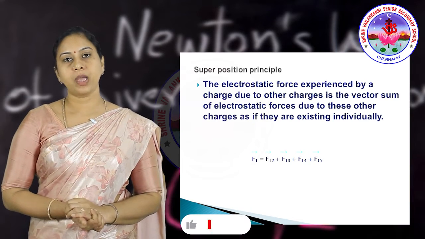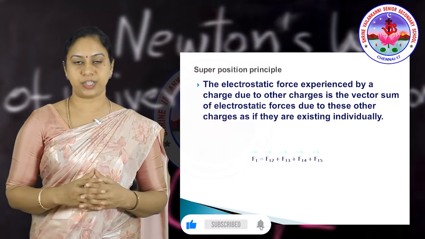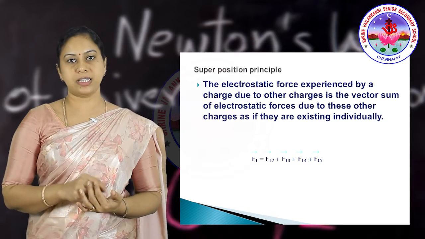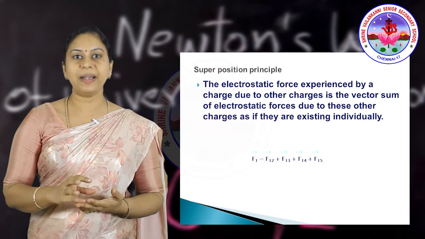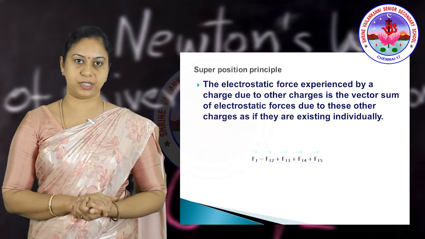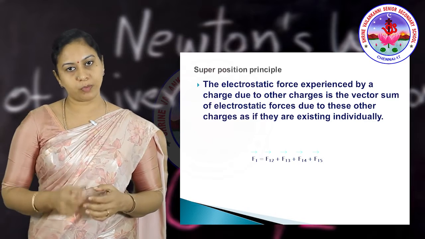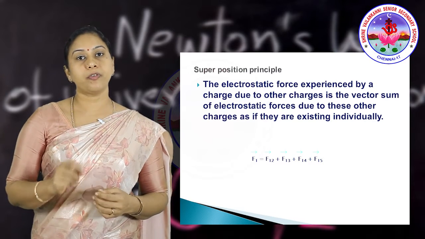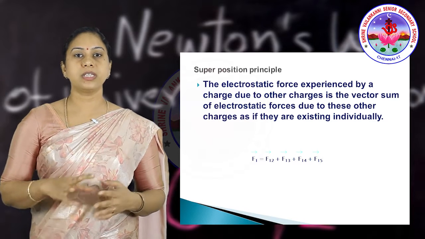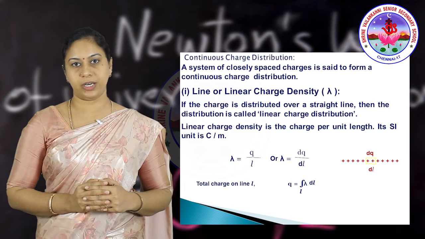That means when n number of charges are interacting in a system, the force on a single charge depends on the individual contributions of the other charges. So F1 vector is equal to F12 plus F13 plus F14 vector till F1n, because n number of charges are interacting on it.